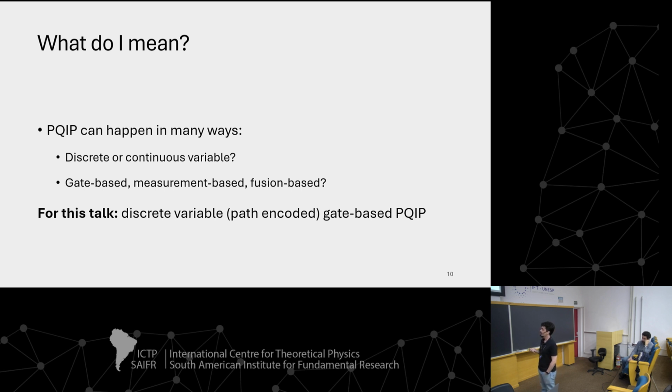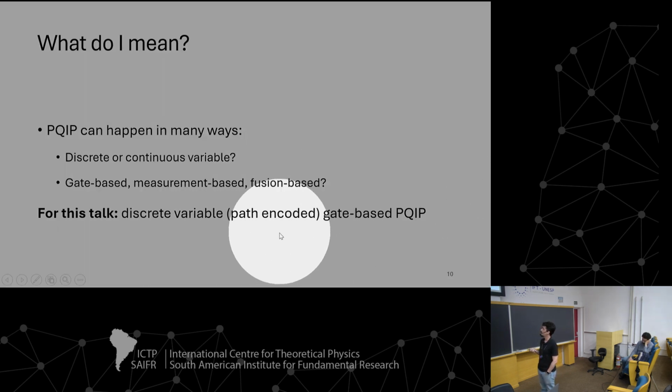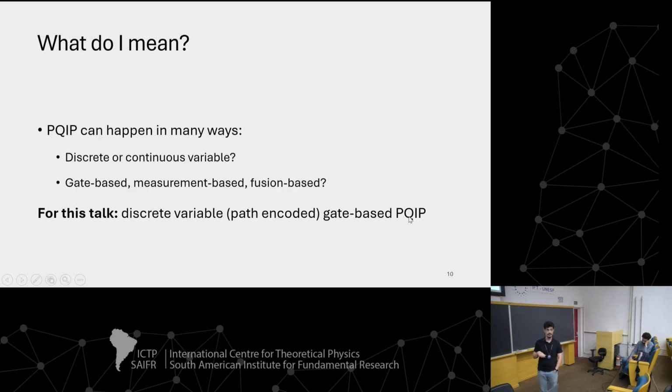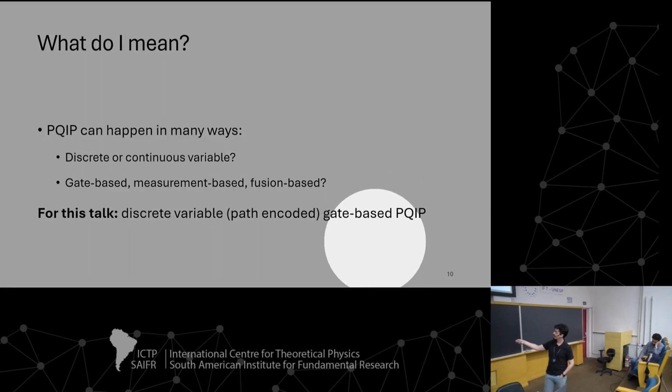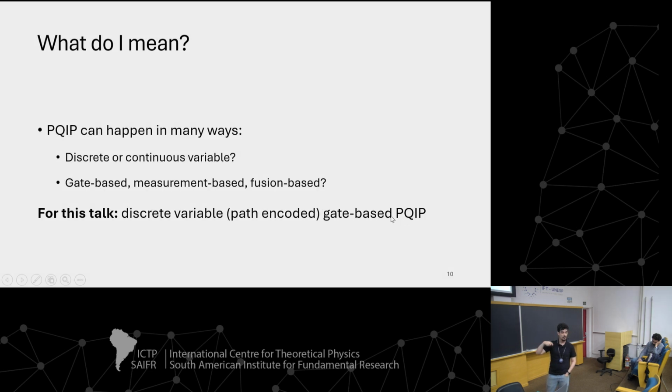And for this talk, I'm talking about discrete variable, path-encoded, gate-based photonic quantum information processing. Because in discrete variables, I could be encoding my qubits in polarization, for instance. You can do this if you're working, for instance, in free space implementations. But this is what I mean. So keep this in mind for the rest of the talk. If you want to discuss continuous variables, Felipe Barbosa is here, and he's the guy to talk to.